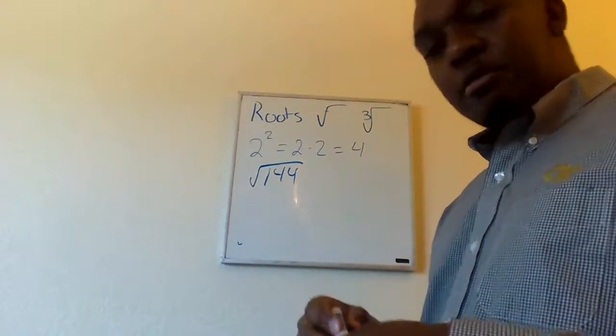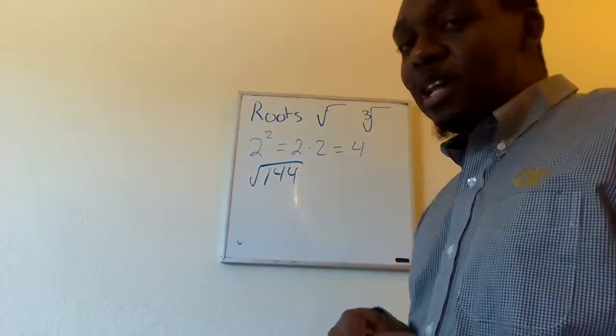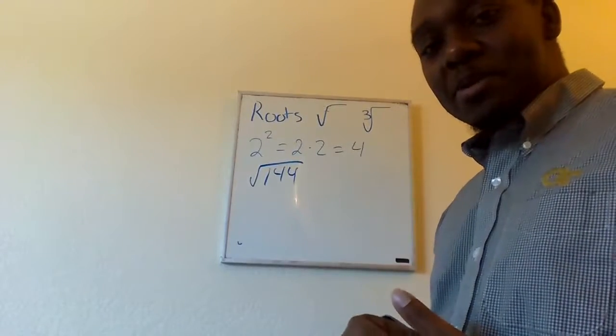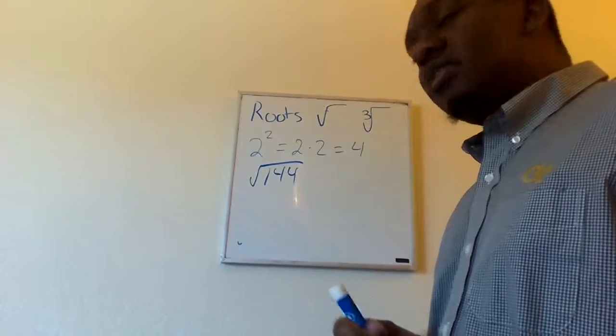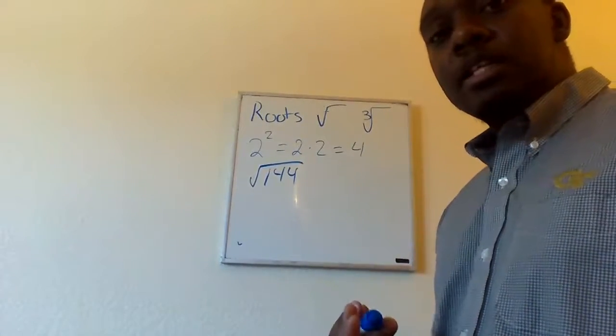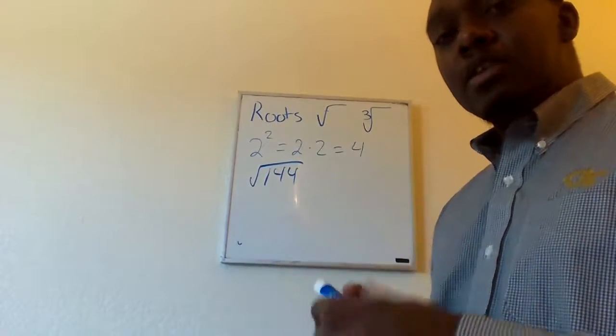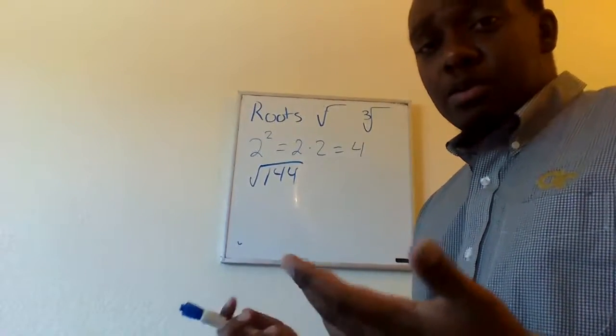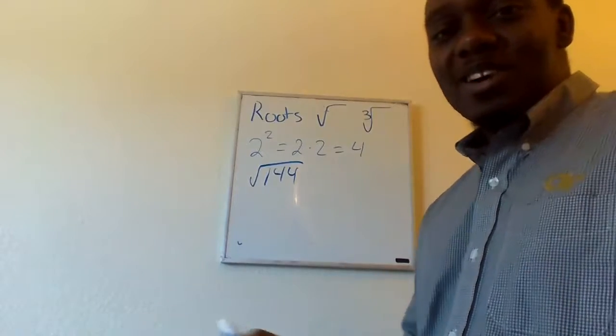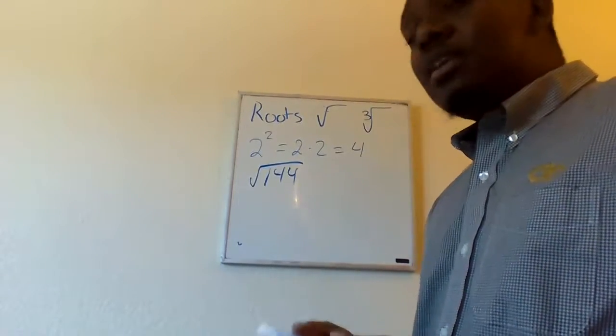This is a common one that people have trouble remembering. Not really. A lot of people remember this one for some reason as opposed to ones that are smaller than that. But the square root of 144, let's say you didn't know what it was. Well, do you know numbers that multiply to give you 144? Many of you may say 12 times 12 off the top of your head, and then, oh, well, that's already the answer. But let's say you didn't.